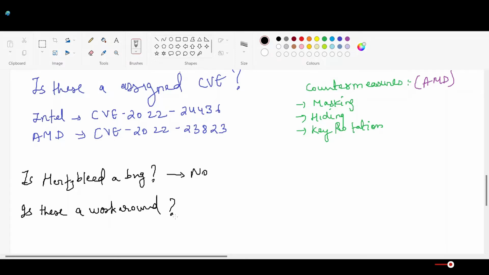As suggested by the researchers who discovered this vulnerability, technically yes, there is a workaround for this, but one of the disadvantages is that it will reduce our system-wide performance. It will impact our system performance.